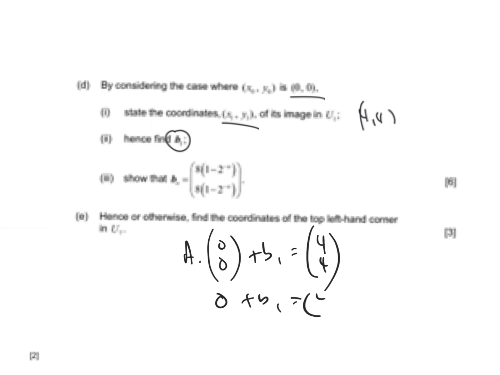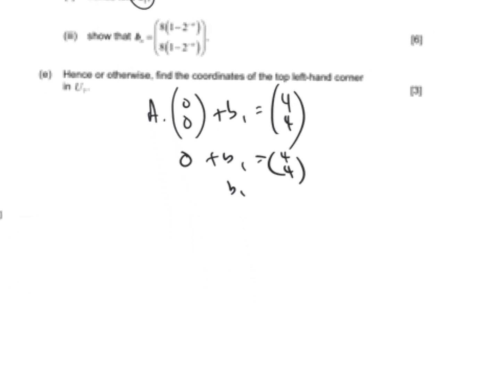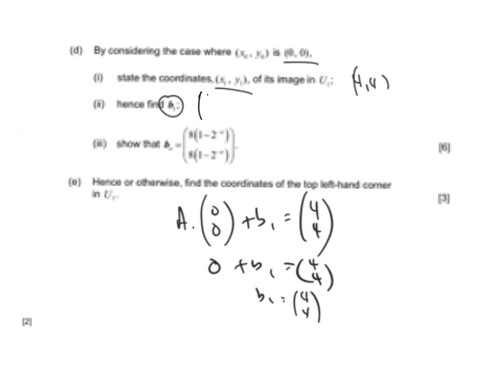And so B1 has to be, well, I can say that A1 times 0, 0 plus B1 is equal to 4, 4. Well, this is 0 plus B1, which is 4, 4, which means the vector B1 is equal to just 4, 4. That's the translation vector.